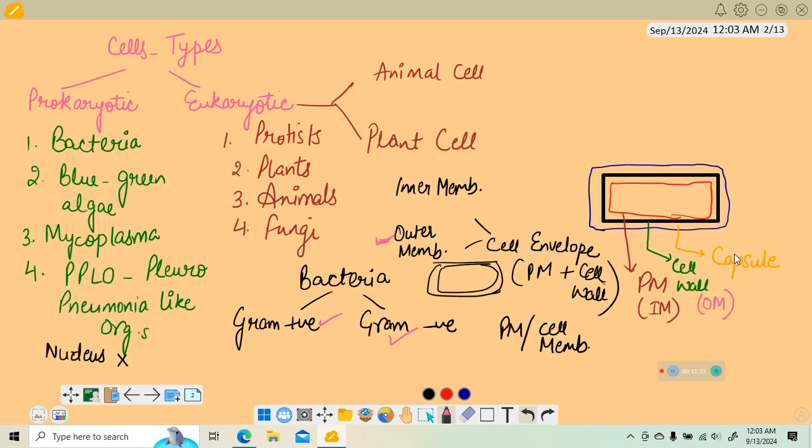Between the plasma membrane and cell wall, there is a phospholipid bilayer. Now it will be like this.